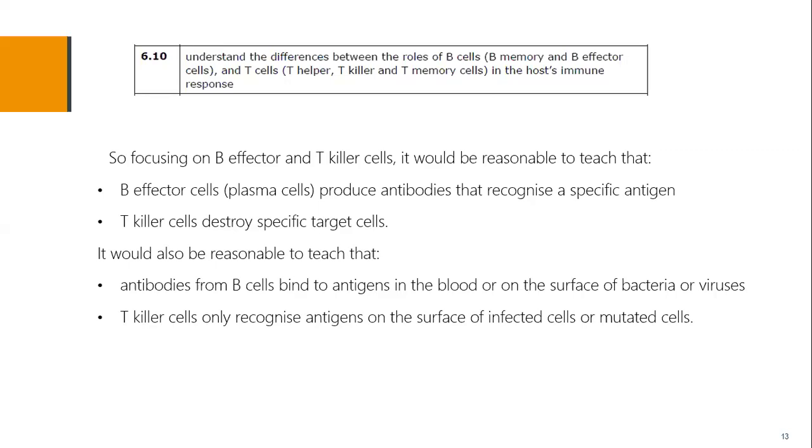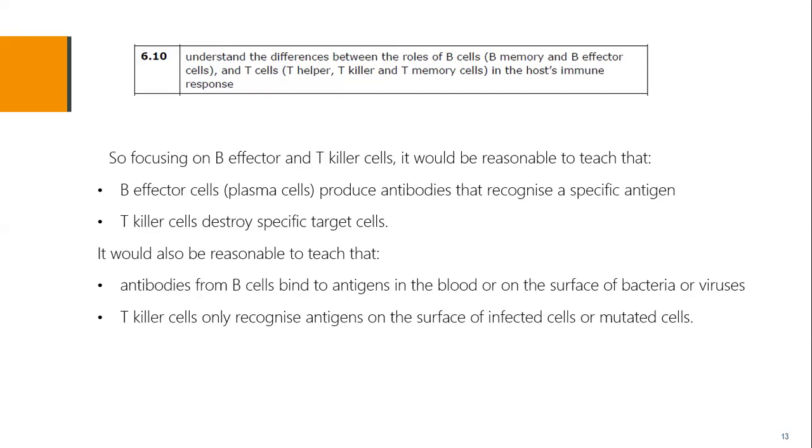So if we look at this specification point, the idea behind it is that candidates should understand the different roles of B cells and T cells in the immune system and in an immune response.